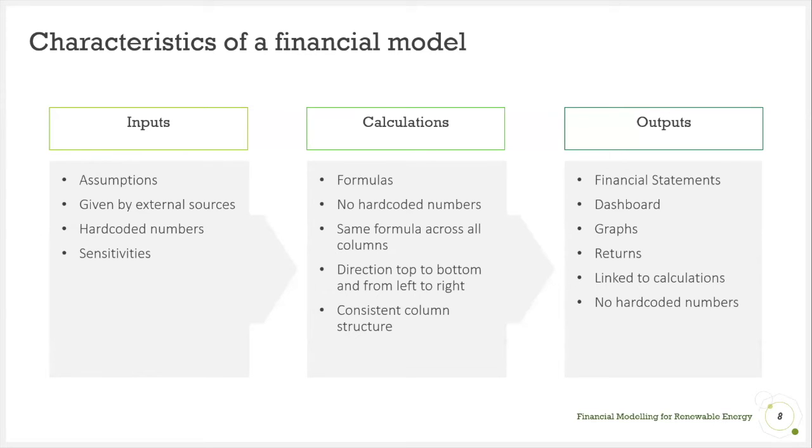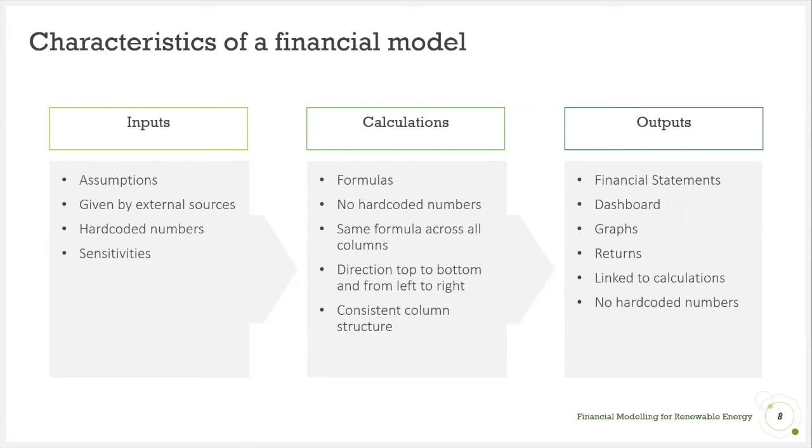Then the calculation section is where we will do all the formulas, all the calculations for the model. It is important that you have the same formula across all the columns. So basically, a good model is a model where you can delete all the columns and just leave the first column, and just by copy and pasting the formulas from the first column, you can get the same answer.